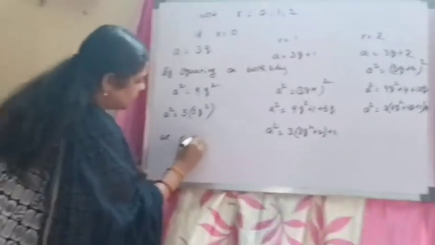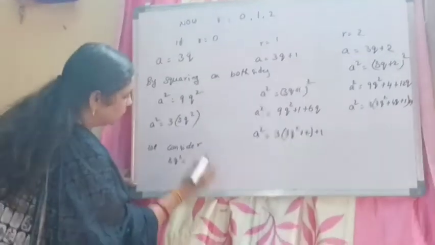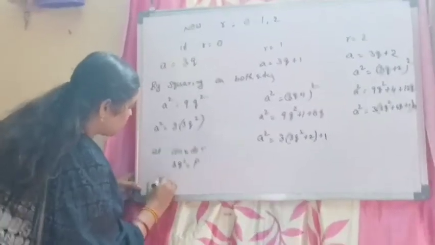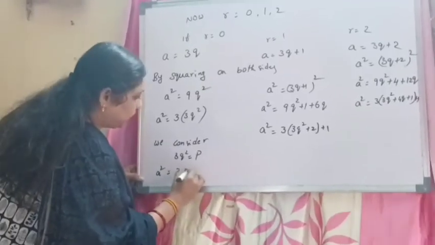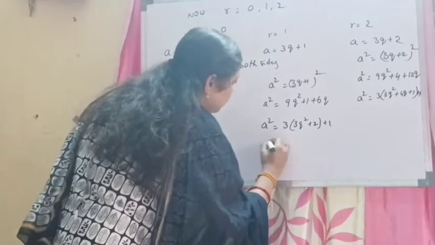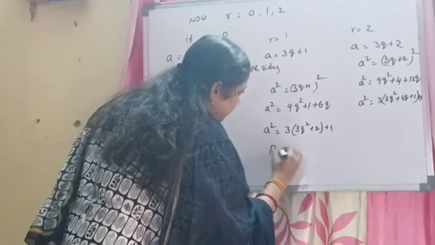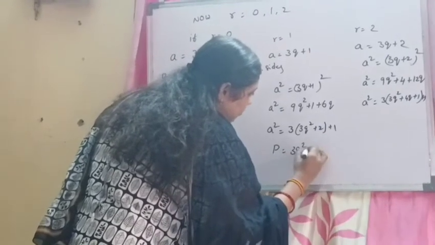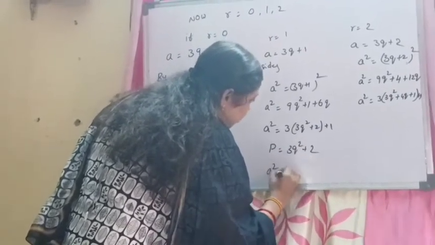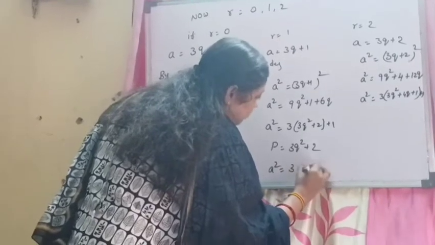Here we consider 3q square is equal to p. Then a square is equal to 3 into p. P is equal to 3q square plus 2q. Then a square is equal to 3p plus 1.